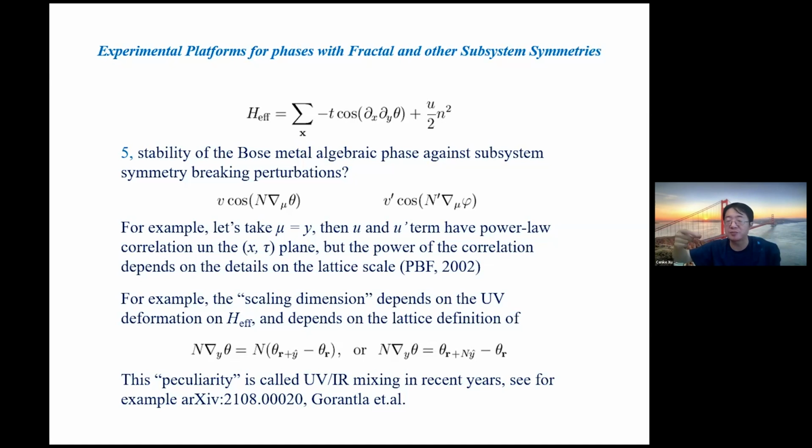So this correlation function will be zero. It's guaranteed by the subsystem symmetry of the fixed point. It's just like in the one-dimensional boson model: if we calculate the correlation function between two creation operators, it's going to be zero because it breaks the U(1) conservation of the system.